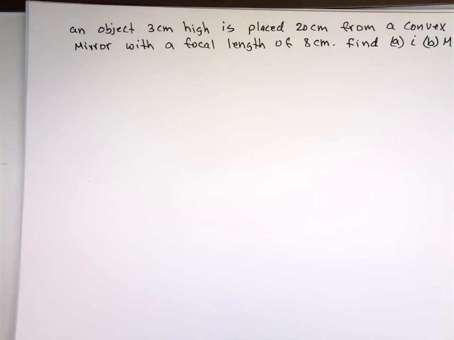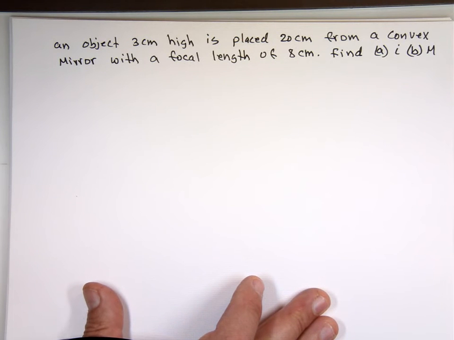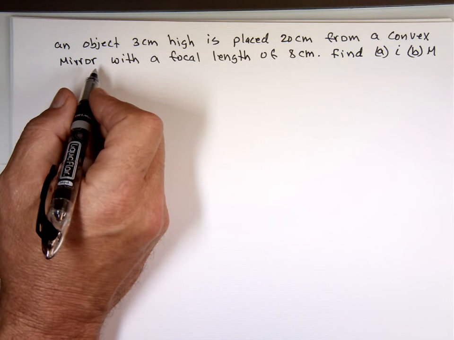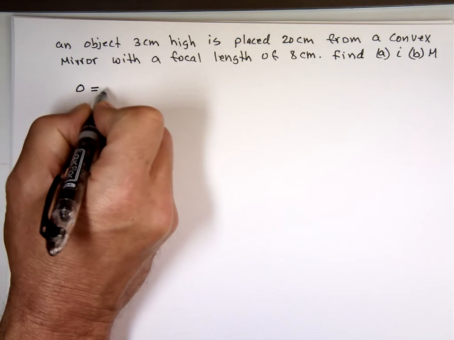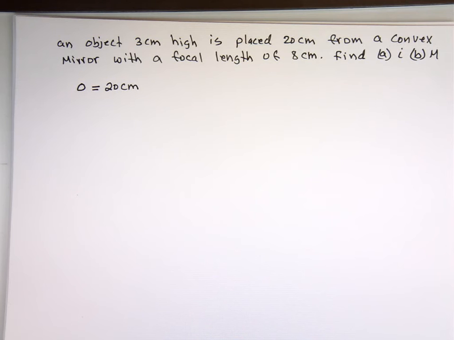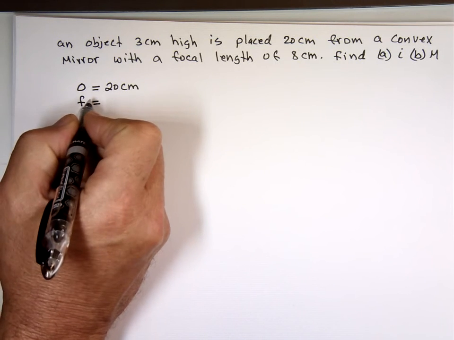Let's start by listing what we know. An object is placed where? 20 centimeters from the mirror, in front of the mirror. So the object is a real object, 20 centimeters. What else do we know? What's the focal length for the mirror? Do we know that?